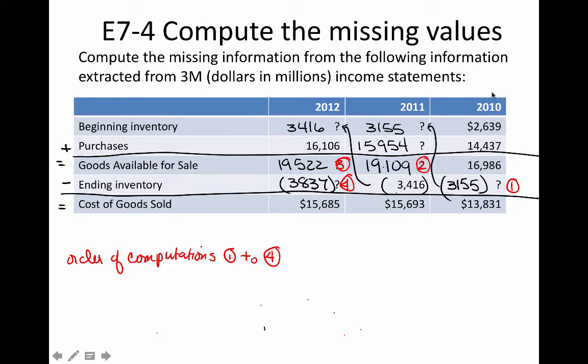So starting in 2010, beginning inventory plus purchases gives you the goods available for sale. If you know what cost of goods sold is, you can find ending inventory. Ending inventory always becomes beginning inventory for the next period. Because we know goods sold in ending inventory, we can find goods available, and so we can back into purchases in 2011. In 2012, since we know the ending inventory in 2011 becomes the beginning inventory in 2012, we can solve for all the unknowns.